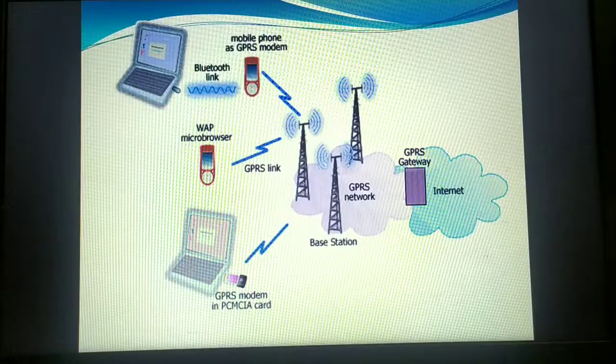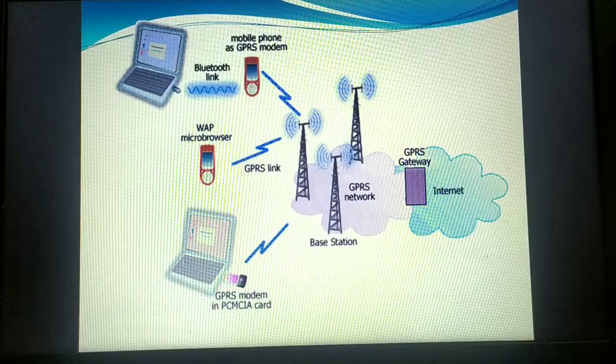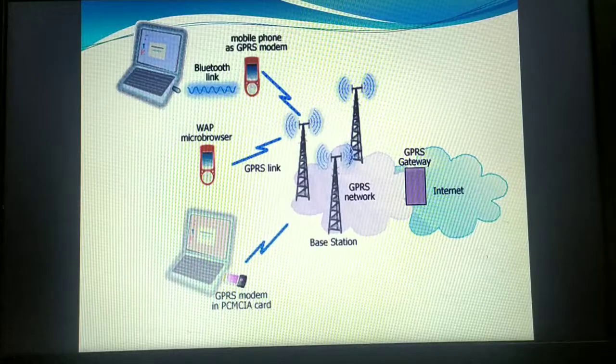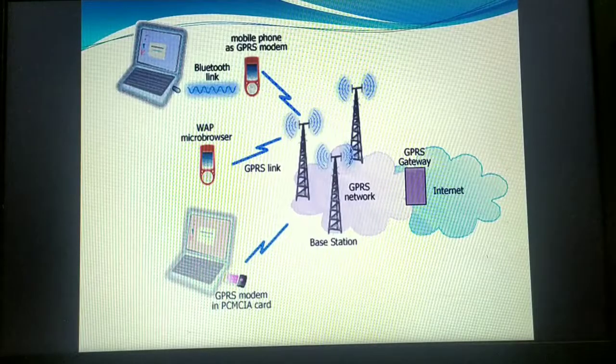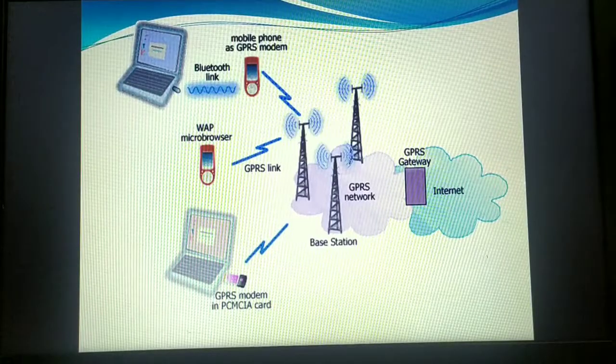Only if I download, use a service through the GPRS network, or access the internet for browsing, surfing or chatting, if I perform any activity using the internet, then only I'll be charged for that. That is why one benefit GPRS gives is always on, always connected.